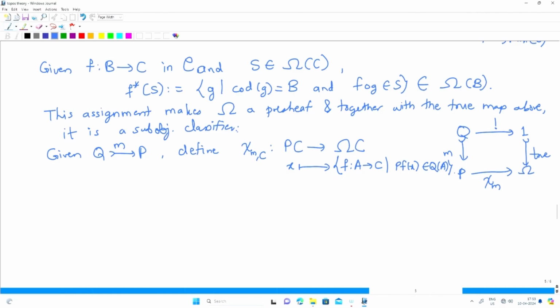The challenging part here is to get your head around which category you are working with. So the subobject classifier will be the collection of all sieves. Subobject classifier is the functor which assigns to each object of the base category the collection of all sieves on that object. So this is the main defining property.